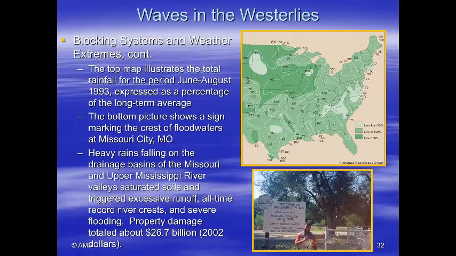Heavy rains falling on the drainage basin of the Missouri and upper Mississippi rivers saturated soil and triggered excessive runoff and all-time record river crests and severe flooding, and the property damage totaled about $26 billion.